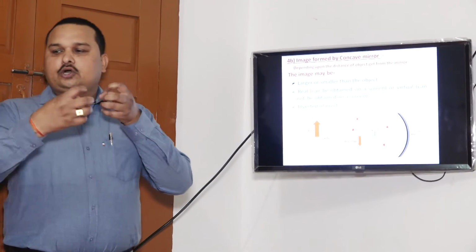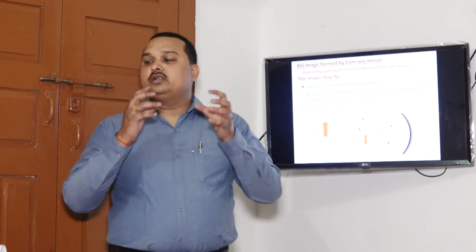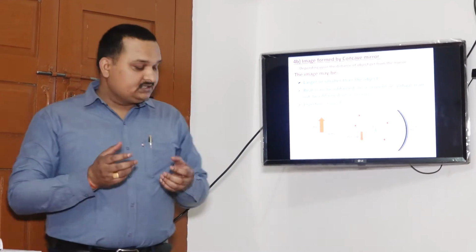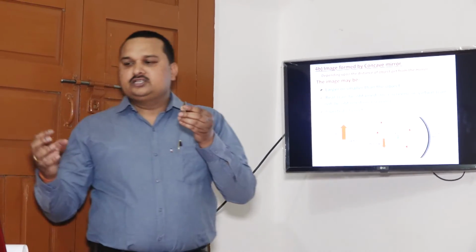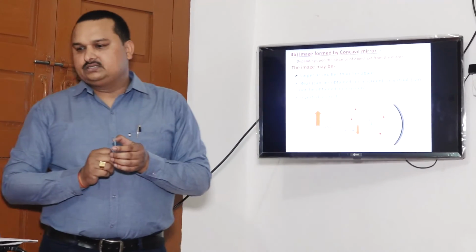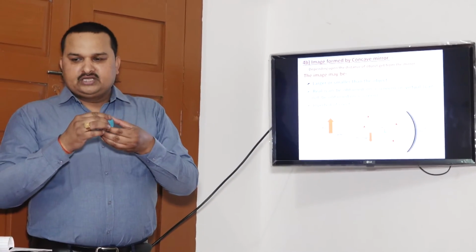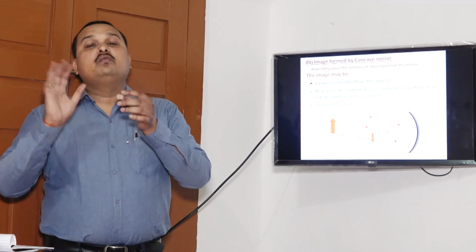Depending upon the distance of the object from the mirror, the image may be larger or smaller than the object. The image formed by a concave mirror may be smaller or larger, depending upon the distance of the object. The image may be real or virtual.